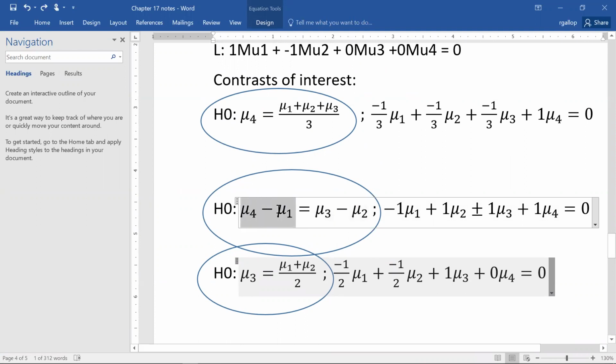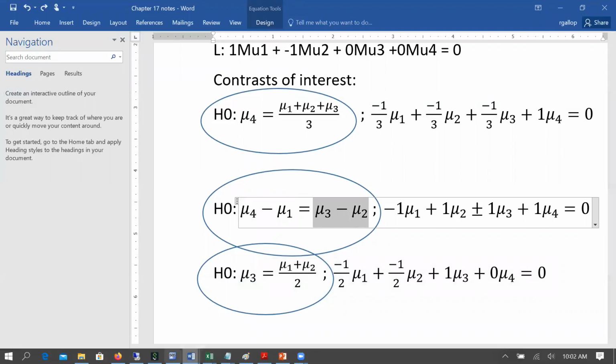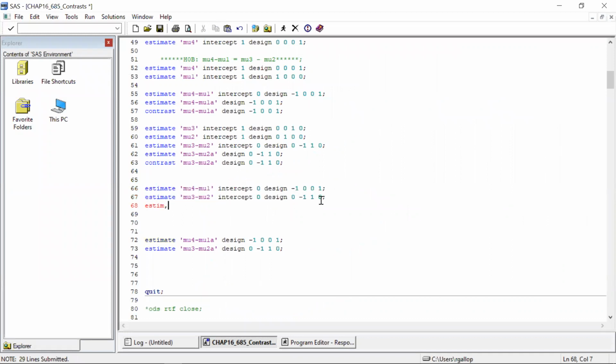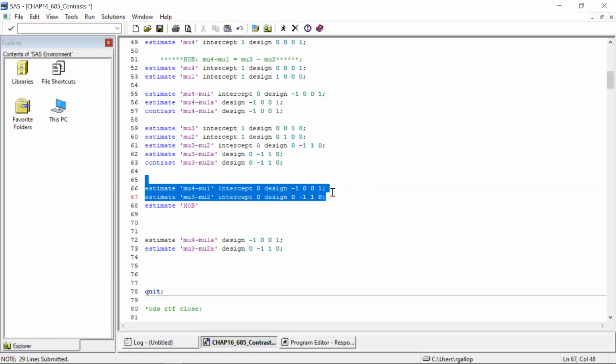So this compared to this, the way I do it as a contrast is, in this case, I can look at this difference compared to that difference. So I'm going to call this null B, since it's the second contrast. To do this contrast, it's nothing more than subtracting this line. So this line minus this line, right? So this is mu4 minus mu1 minus the difference of mu3 minus mu2.